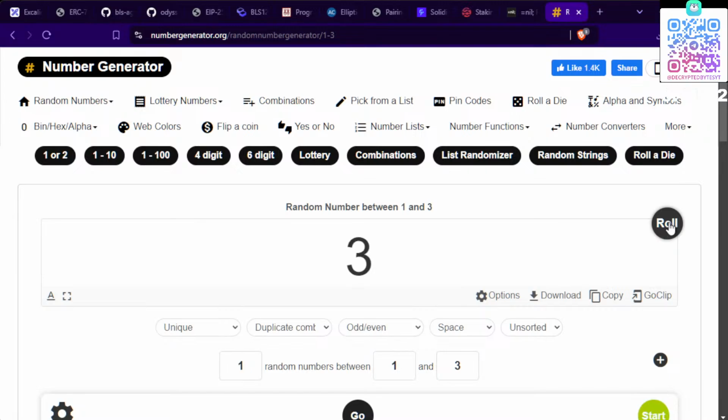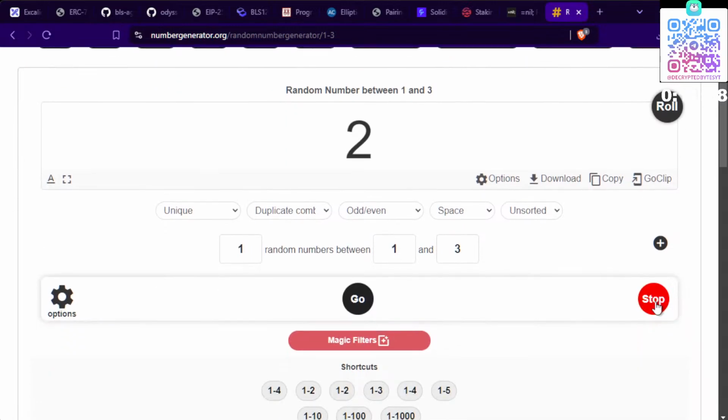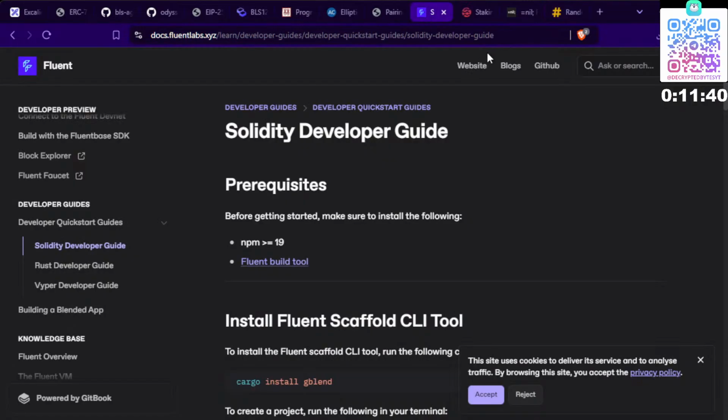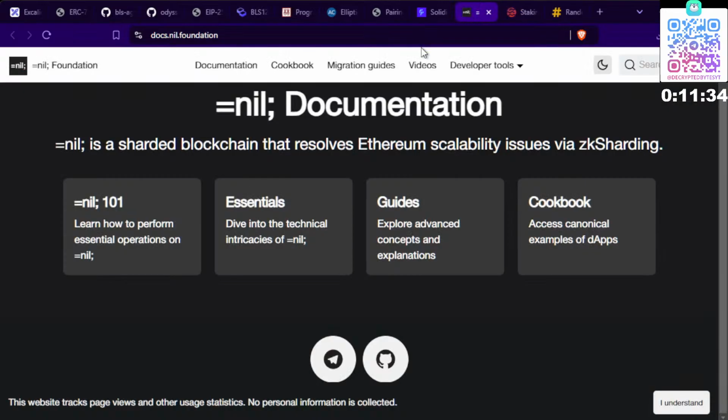Okay, this is ridiculous. Okay, now we can stop and see. First Fluent, then Nil, and then Sei. That's what we'll do.